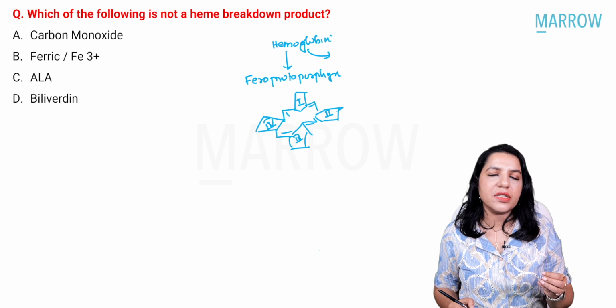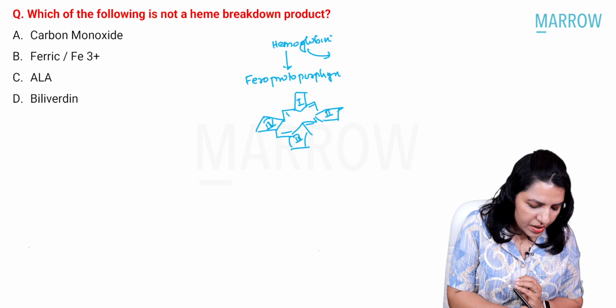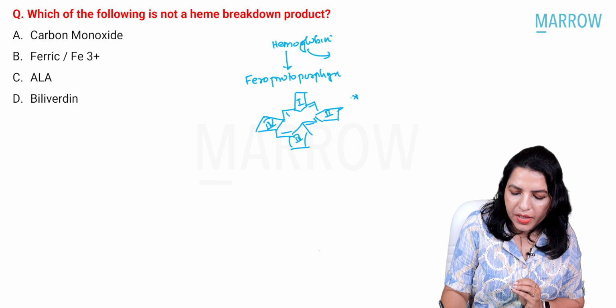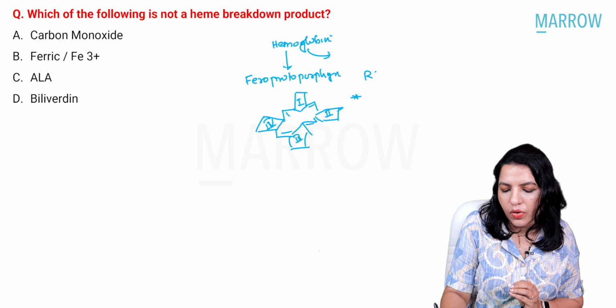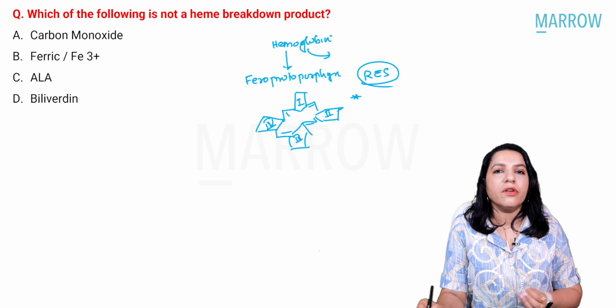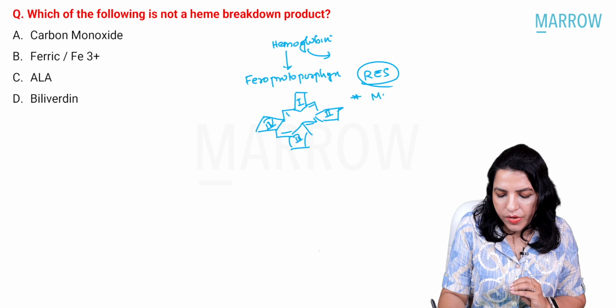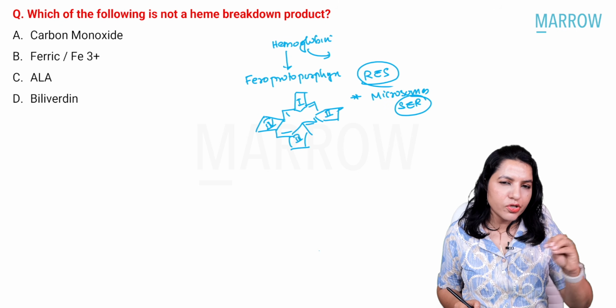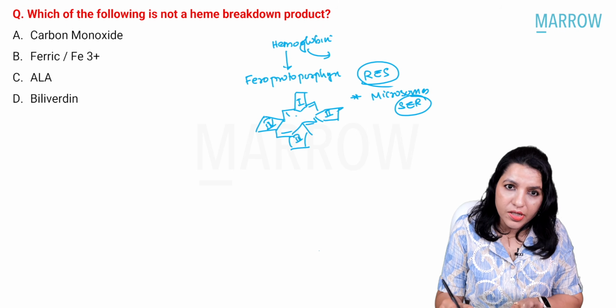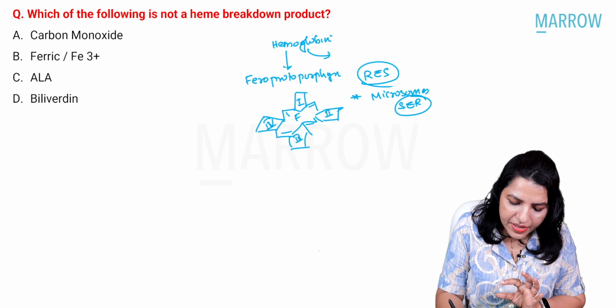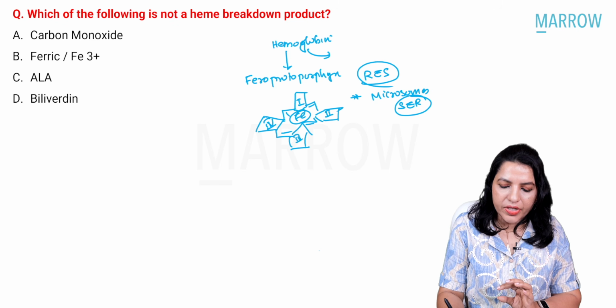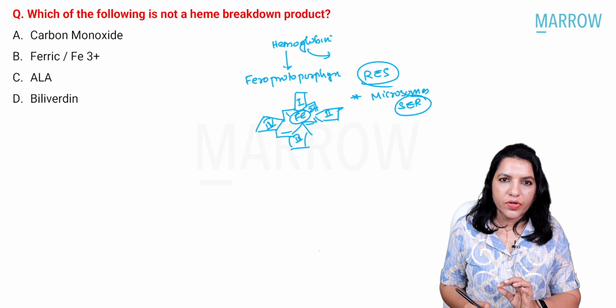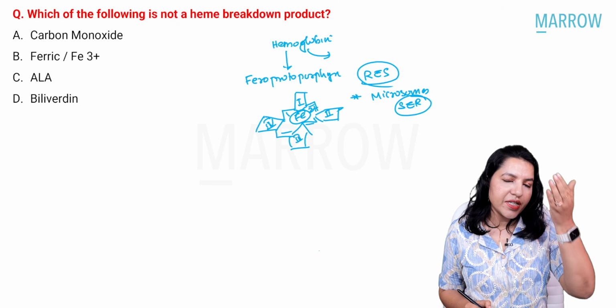So what happens in heme degradation is the very first step, taking place in the reticuloendothelial system within the microsomes. What are microsomes? Microsomes are nothing but the smooth endoplasmic reticulum. And the enzyme that acts on this ferroprotoporphyrin. So this is a porphyrin, and in the center we can find iron, in the ferrous state. Now this ferroprotoporphyrin is degrading.